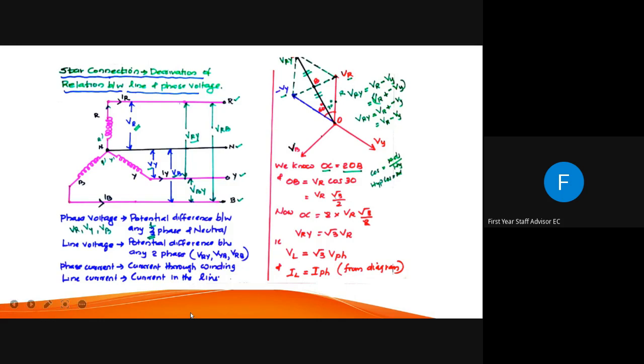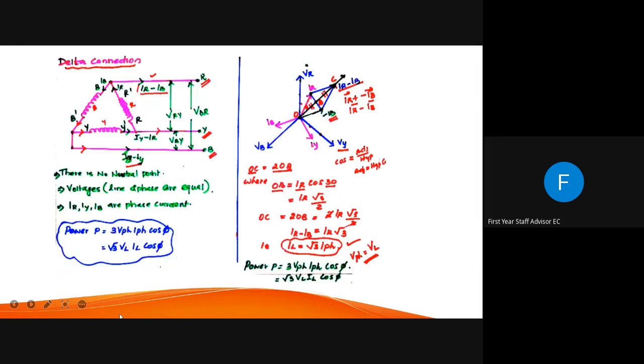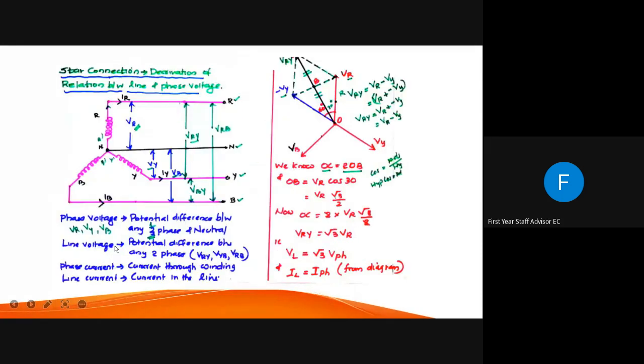And then about phase voltage and line voltage: since phase voltage is the potential difference between any one line and neutral, we have to find a relationship between phase voltage and line voltage.